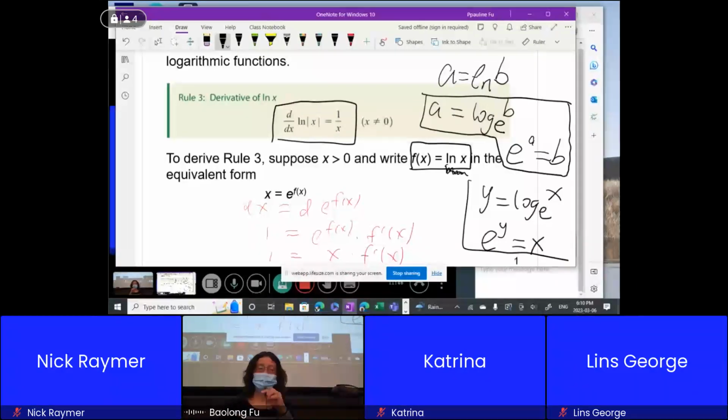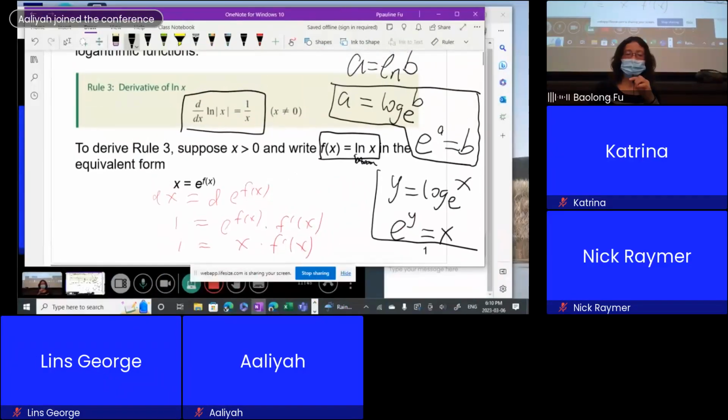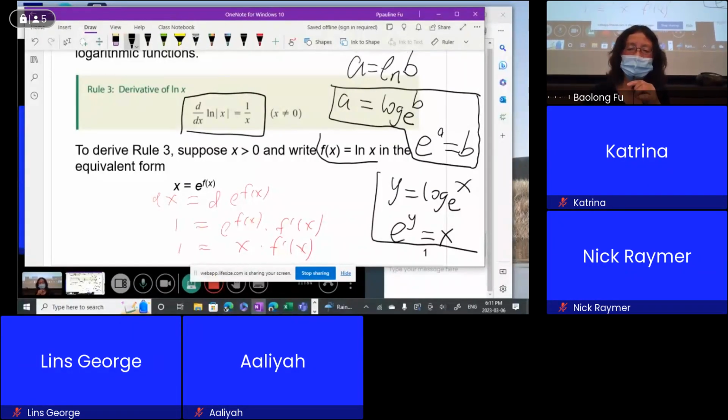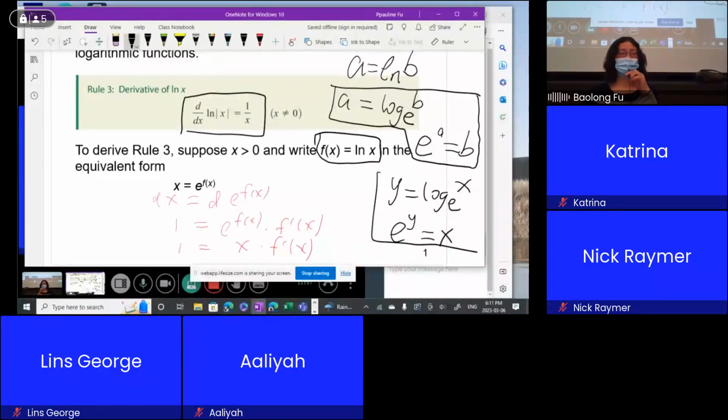Okay, based on this notation, if I give you f(x) equal to ln x, how do you write this in exponential format?